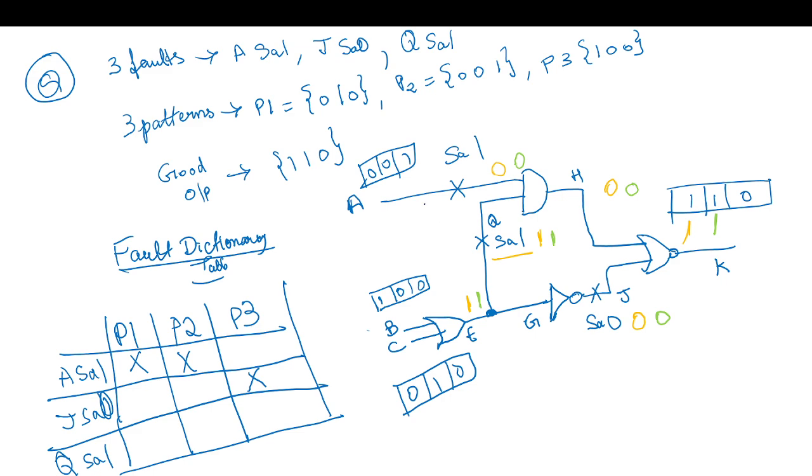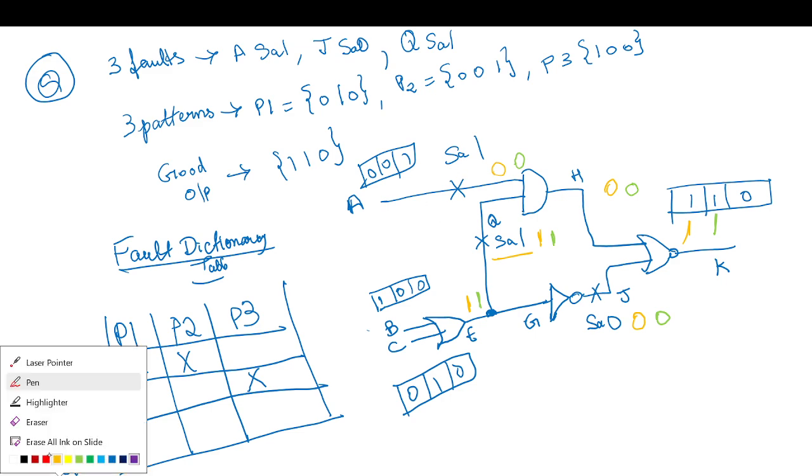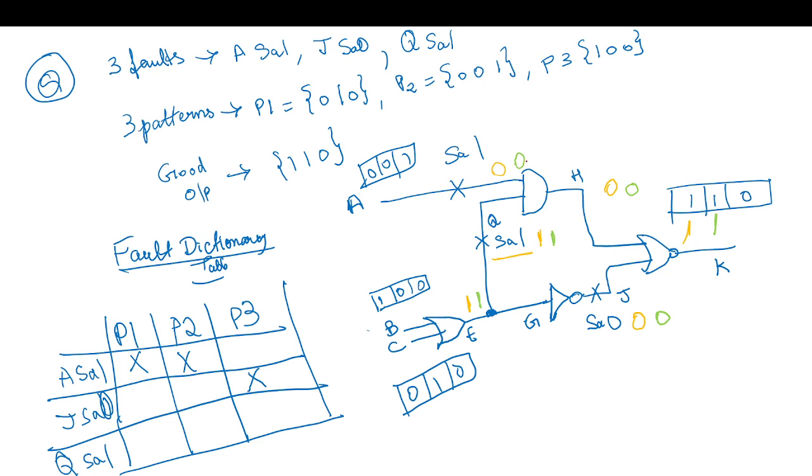Next pattern. 1, 0, 0, which is 0, 0 here, a 0 here. 1 here. So this one is applied coming here.